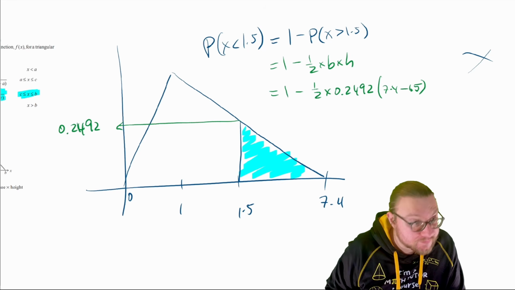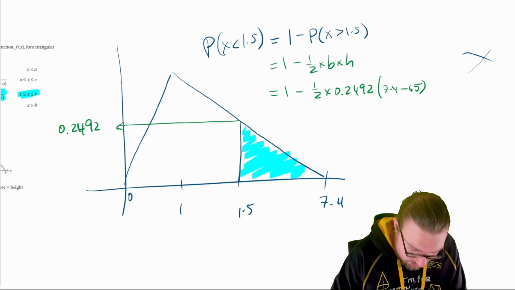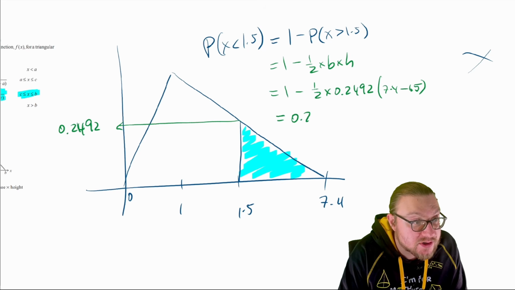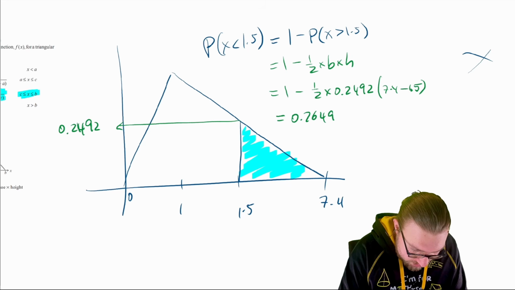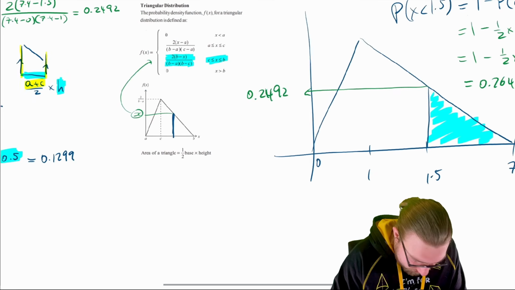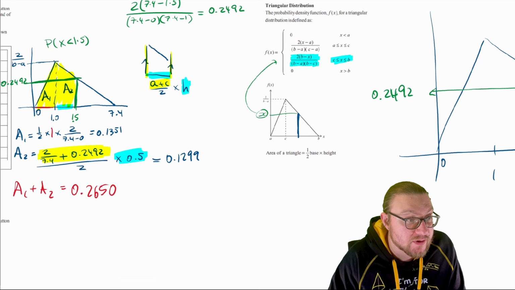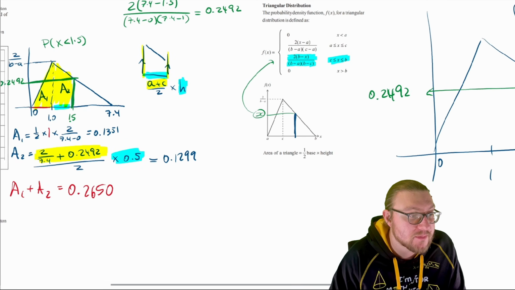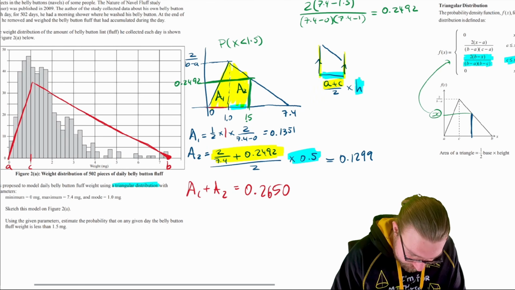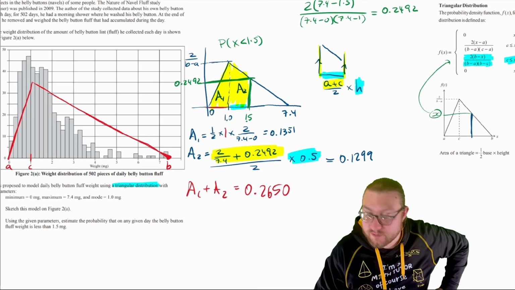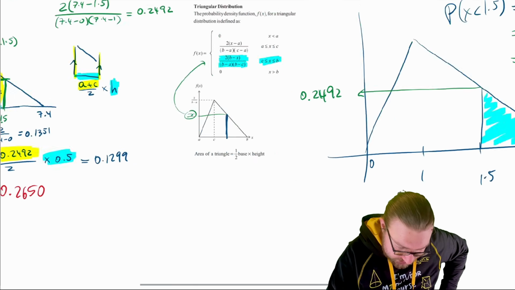And our answer here is 0.2649. Is that the same number we got before? I guess it's just a little bit different for rounding. Awesome. 0.2650, basically.